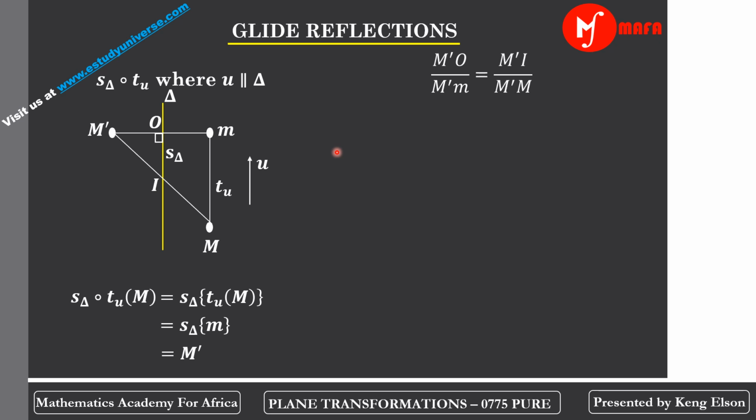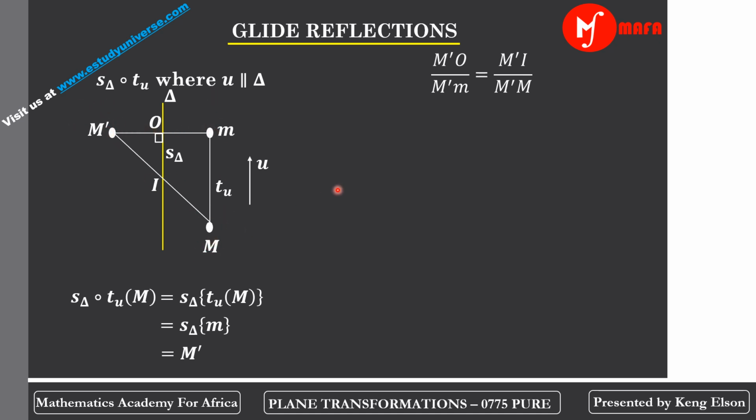I'll begin with the side length M prime O. M prime O is the adjacent of the triangle OM prime I, and the adjacent of the triangle small m prime capital M is the line segment M prime small m. Now M prime I is the hypotenuse of the triangle OM prime I, and the hypotenuse of the other triangle is M prime M.